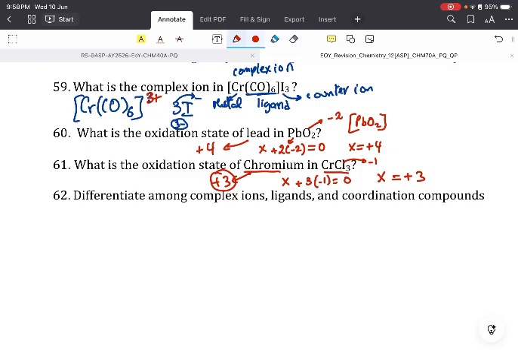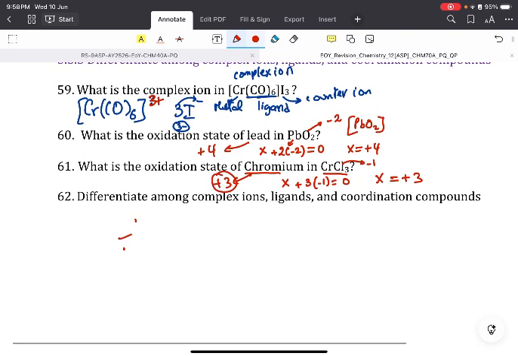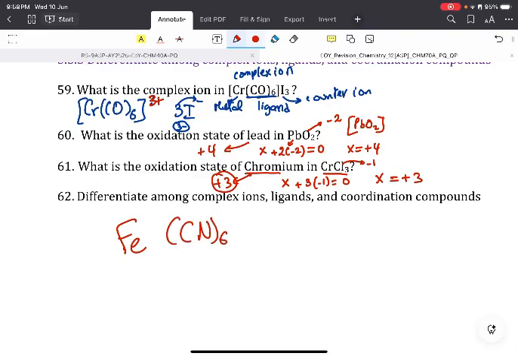Let's say I have Fe(CN)6. This one is going to have a resulting charge of 3 minus, and I'm going to use with it a counter ion.